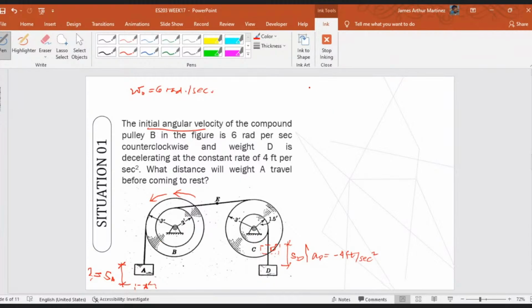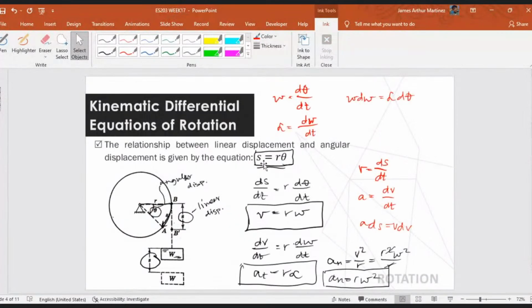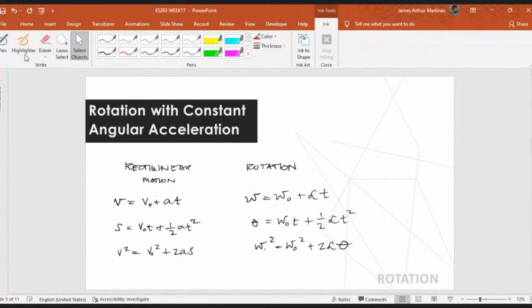If we displace A by a certain distance, the pulley will rotate as well. It is given by this relationship, class: S, the linear displacement, is equal to radius times angular displacement.